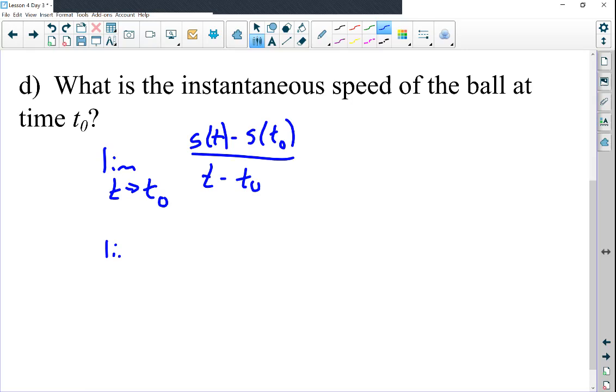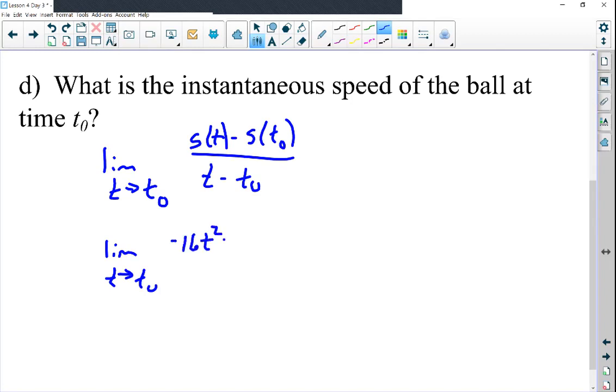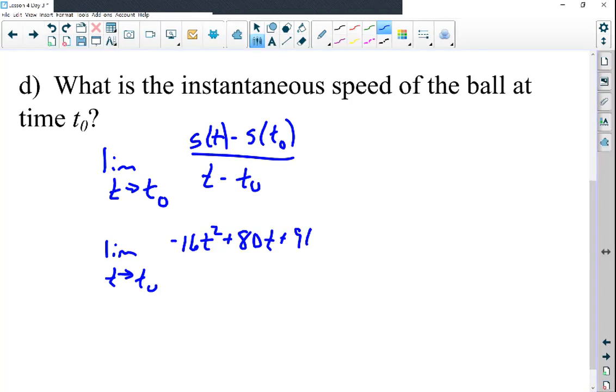So the limit as t approaches t sub 0 of negative 16t squared plus 80t plus 96 minus, and I'm going to put this in parentheses, negative 16. Instead of t, it's going to be t sub 0 squared plus 80 t sub 0 plus 96.